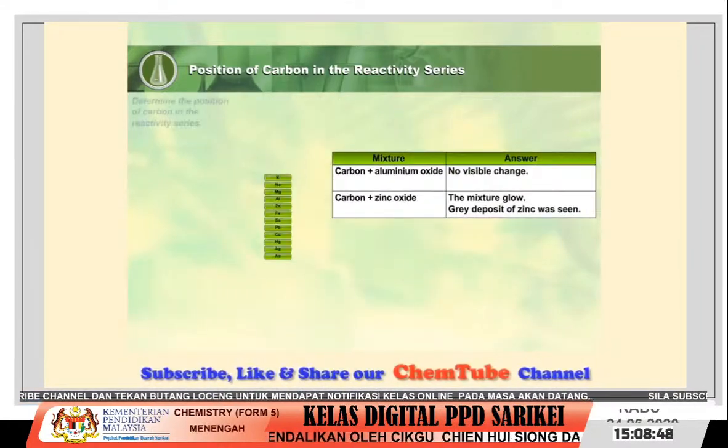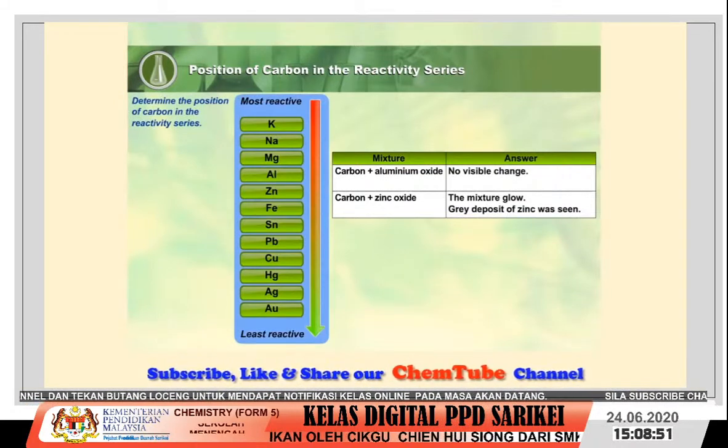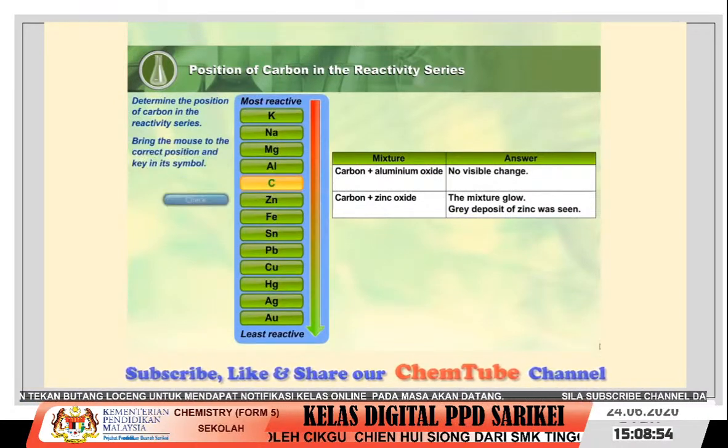Based on the observation, determine the position of carbon in the reactivity series.